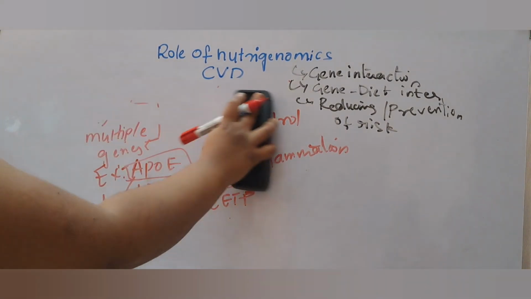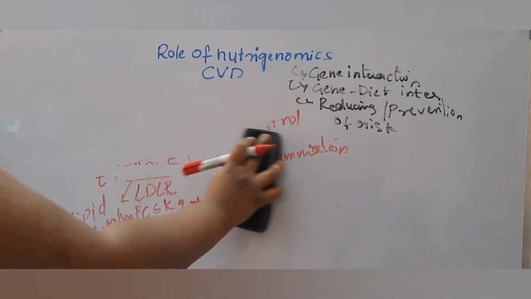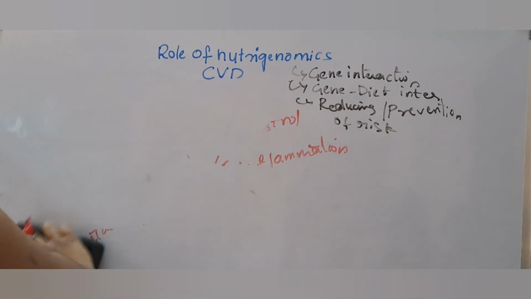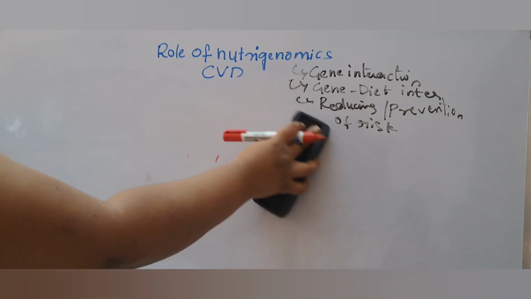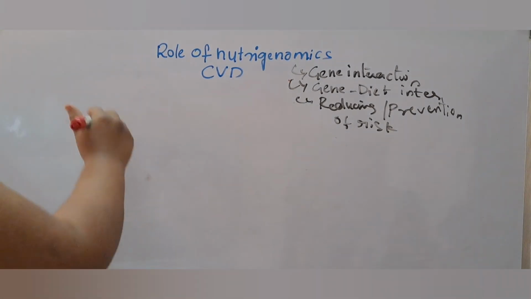And the second one is gene-diet interaction, where some genes interact with certain nutrients, macronutrients like fats and carbs.